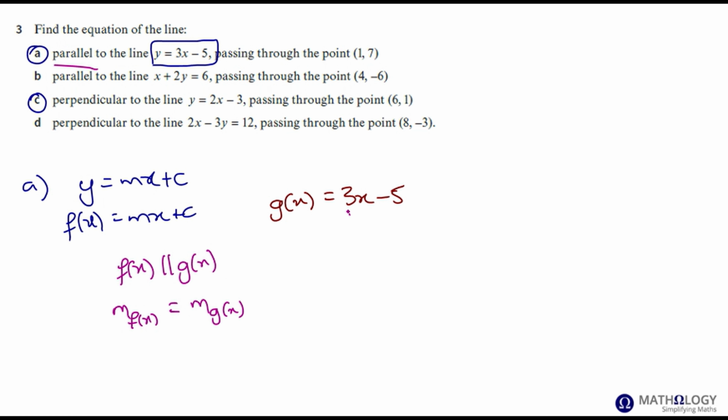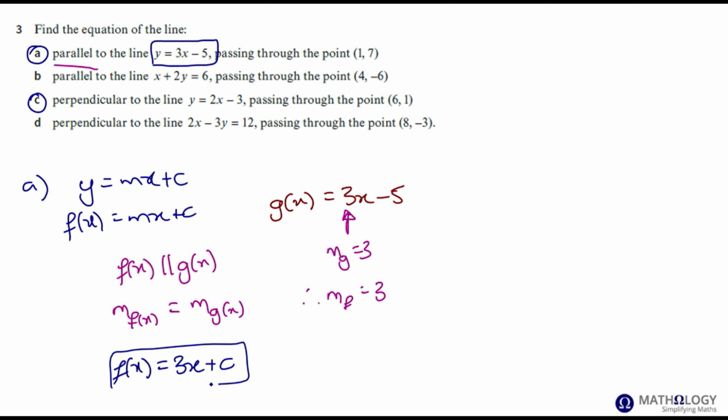So we can clearly see that the gradient of g of x is 3. So therefore we know that the gradient of f of x is also 3. So f of x equals 3x plus c. Now this line f of x passes through the point (1, 7), so we're going to substitute that point into f of x.